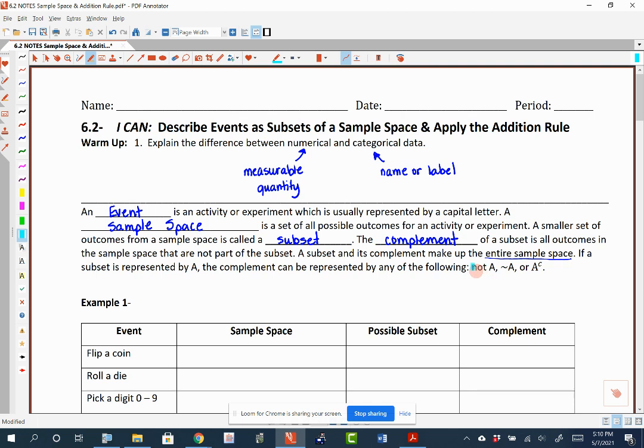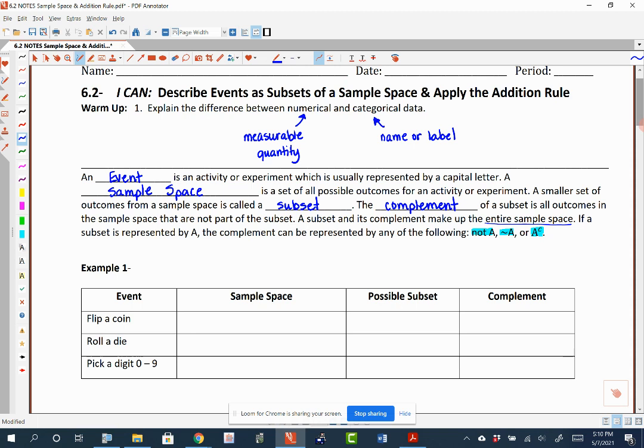We could say not A. We could put this little tilde in front of an A, which would also be said not A. Or we could have an A with a little exponent of C. So we can just say the complement of A. We'll practice notation for those.